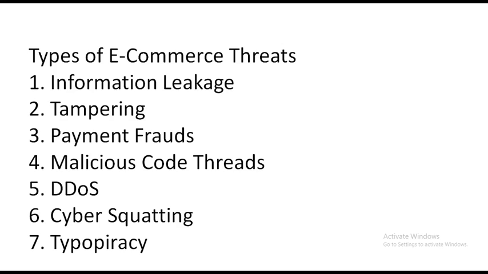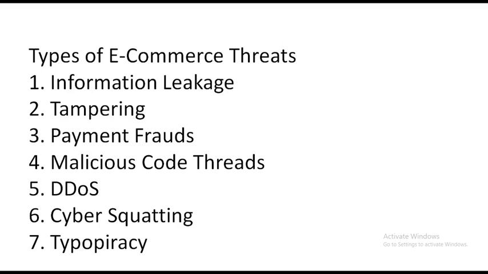Some fake websites are there on the internet. When you are typing some familiar website, if you make any spelling mistakes in that website name, it will redirect you to some fake websites. That is what is known as typo piracy.